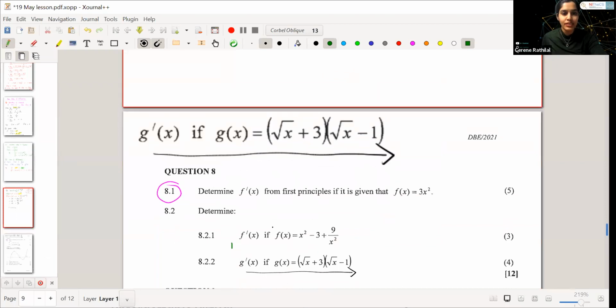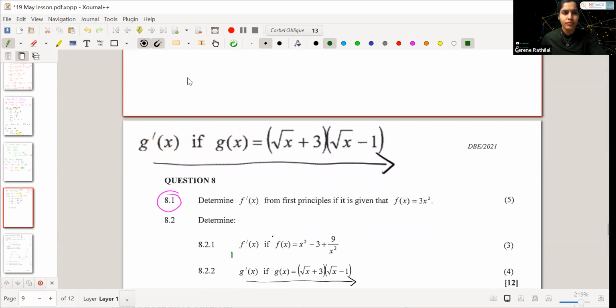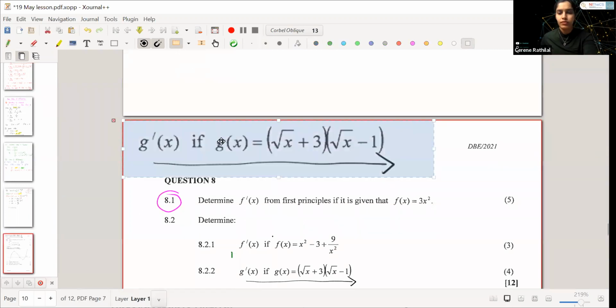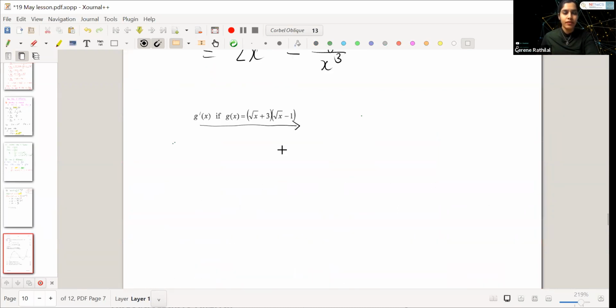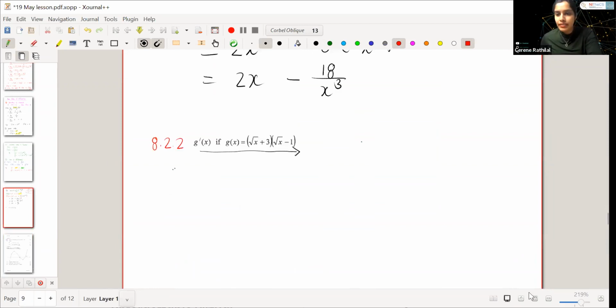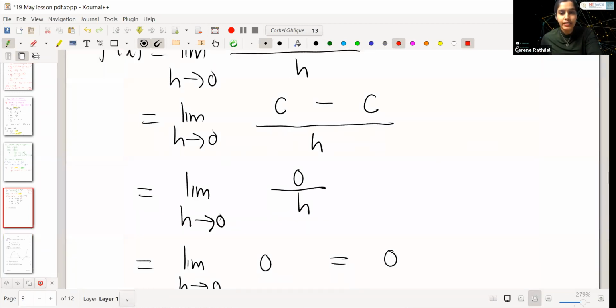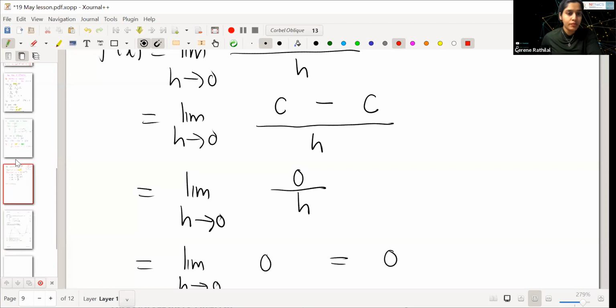It's question 8.2.2. Okay, so let's attempt this question together. And so what it says is that we want to find g prime of x. Apologies, it skipped a few pages.